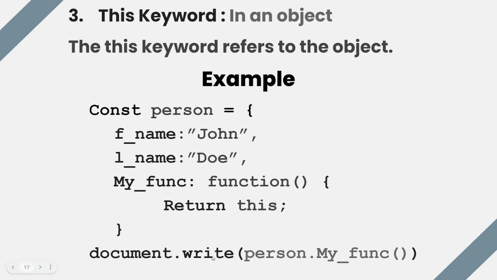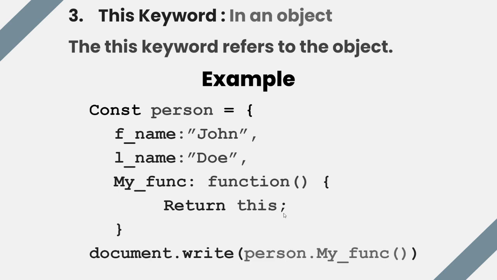So here we have the document.write, and I use this because the space we have on the screen is limited and I would like to have every syntax on one screen. So here with the document.write, we can print out this object by saying person dot my underscore func with the parenthesis here.